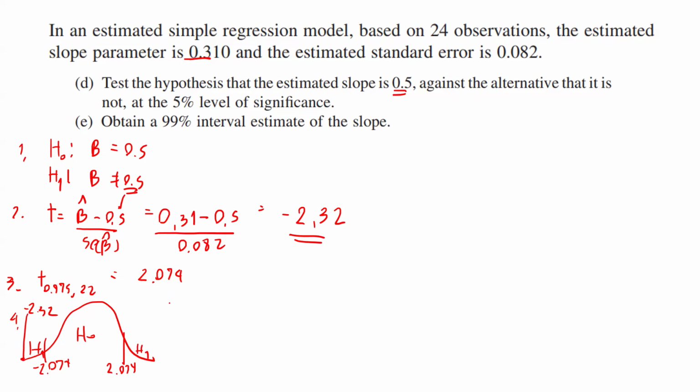Then you have to conclude that you reject H0, which means they try to conclude that the slope is 0.5 is not true because beta will not equal 0.5 at 5% level of significance.